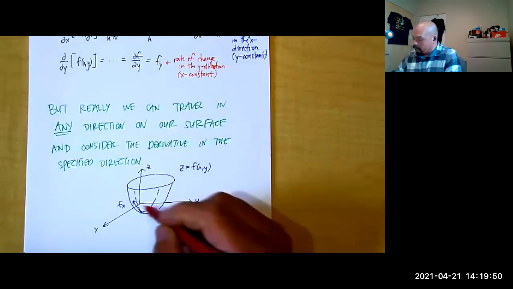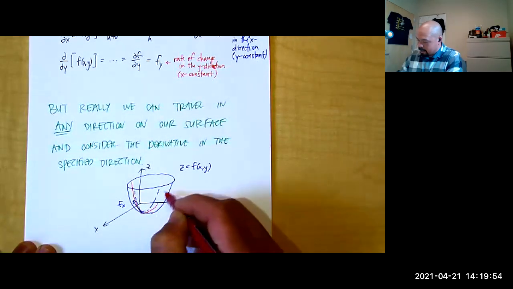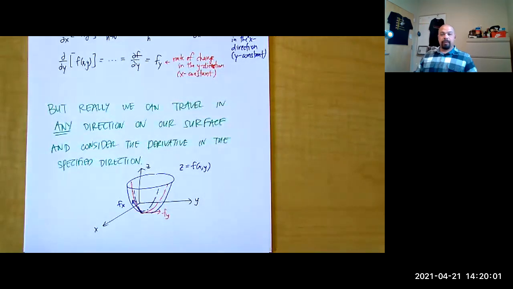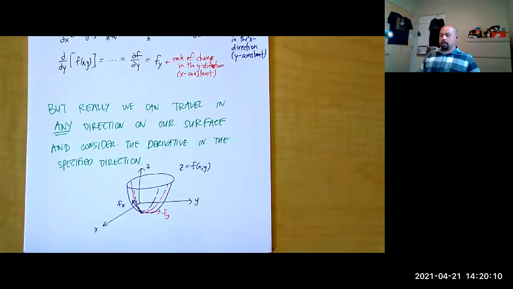Or likewise, if I go in the y direction, holding x constant, we can get at that same point maybe an f sub y. So if I was facing purely in that x direction or that y direction, we can identify those slopes.